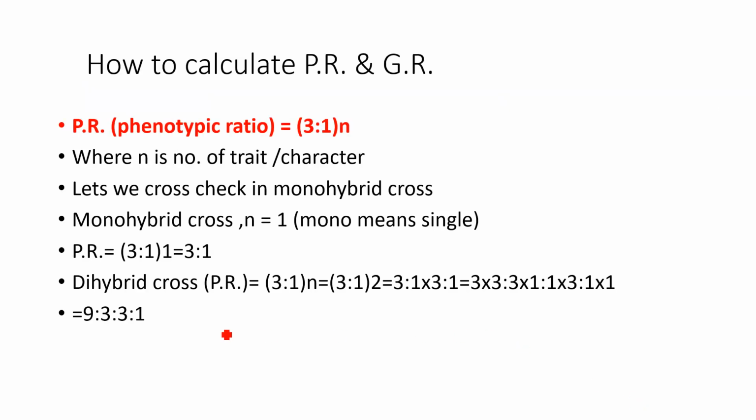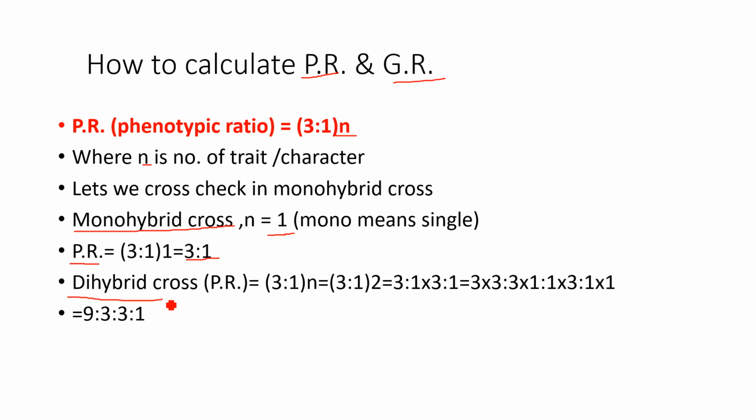Now next is how to calculate the PR and GR. I had already explained this. PR means phenotypic ratio, and GR means genotypic ratio. The phenotypic ratio is equal to 3 is to 1 to the power n, where n is the number of traits or characters. For a monohybrid cross, n is equal to 1, because there is a single contrasting character, so PR is 3 is to 1.